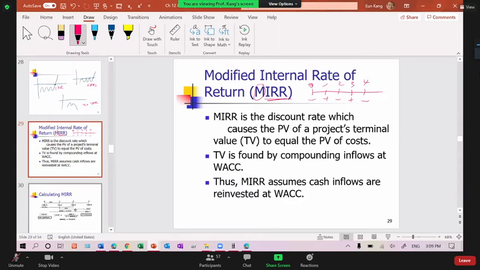Then you collect all negative to the present, and all positive to the end. Then you have a negative cash flow in time 0 and positive cash flow in time 4.